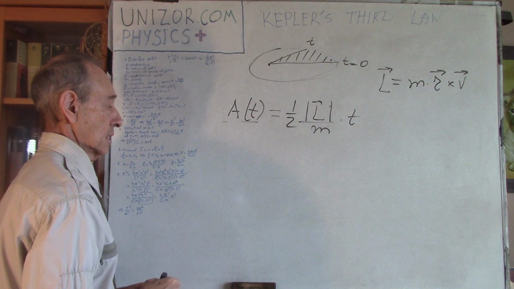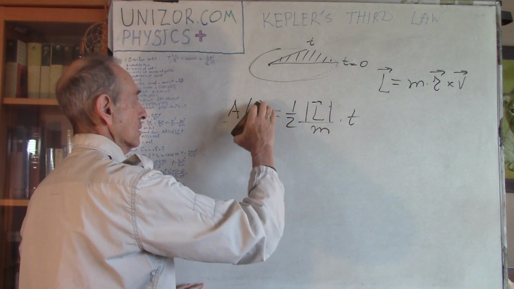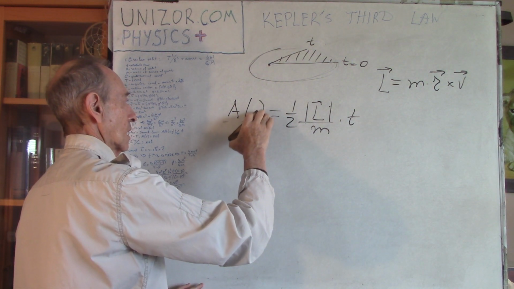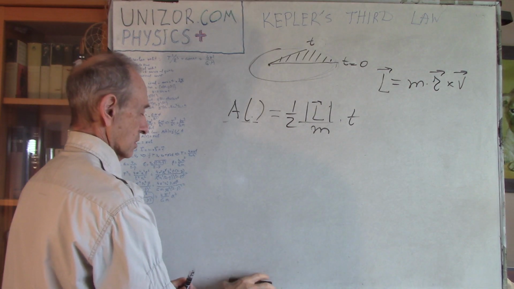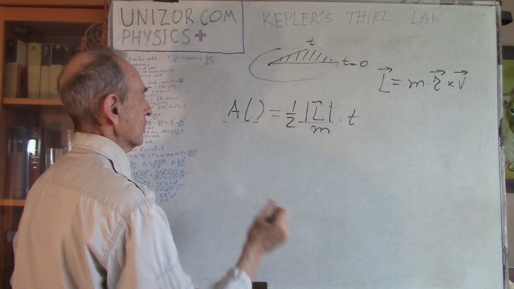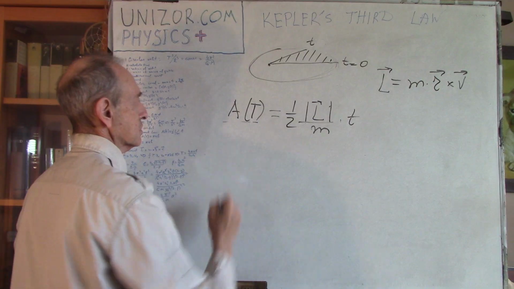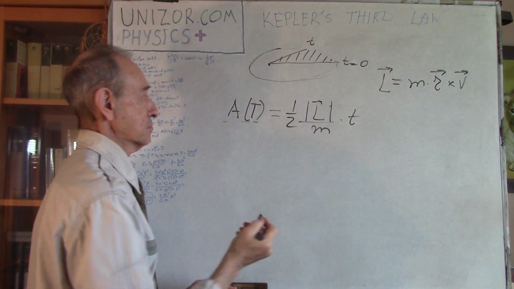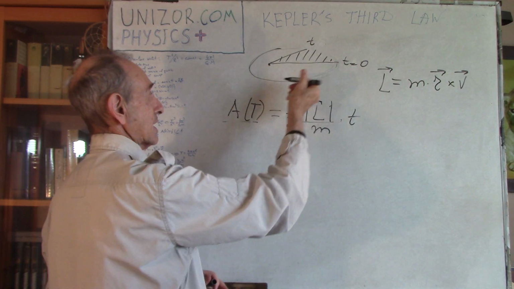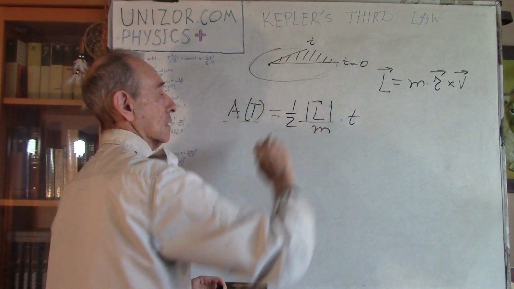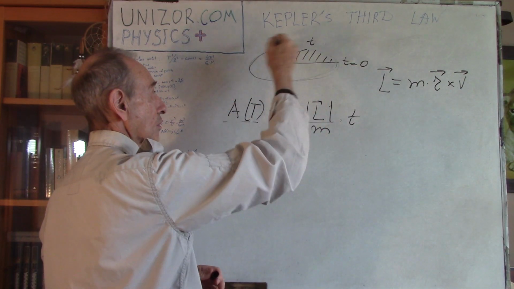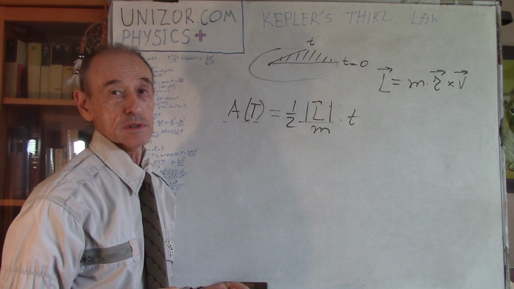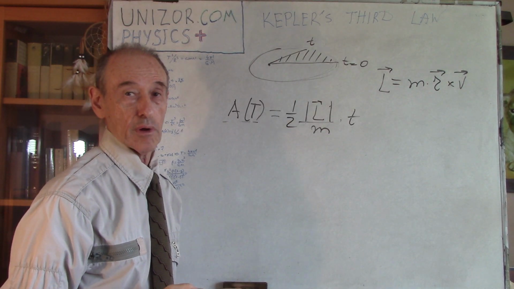Now, the second thing is, if I have, instead of this, not a function, but the function at a specific moment, capital T, which is a period. Now, what does it mean that it's a period? It means the area which is swept by the vector during the whole cycle of movement of the planet around the sun.